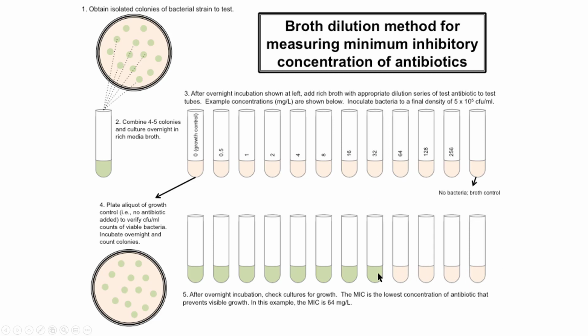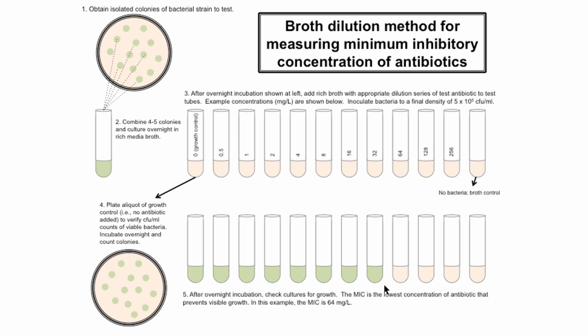So the minimum concentration needed to kill the organism in this example is 64, because at a concentration of 32, the organism was growing in the test tube, but at 64 or higher, nothing was growing. And that's how they measure the minimum inhibitory concentration for a specific antibiotic. And every antibiotic has a different MIC for each organism that it covers.